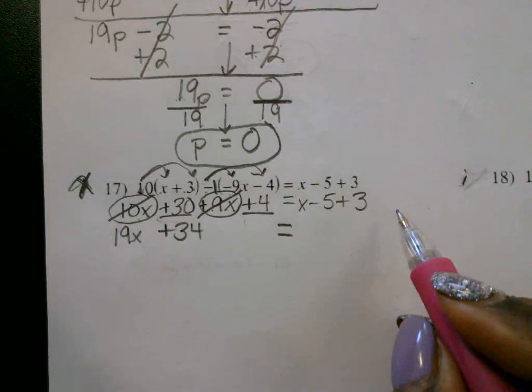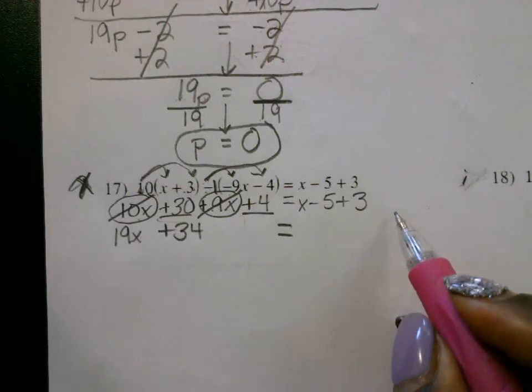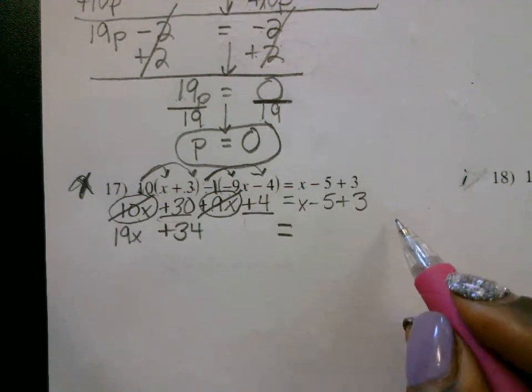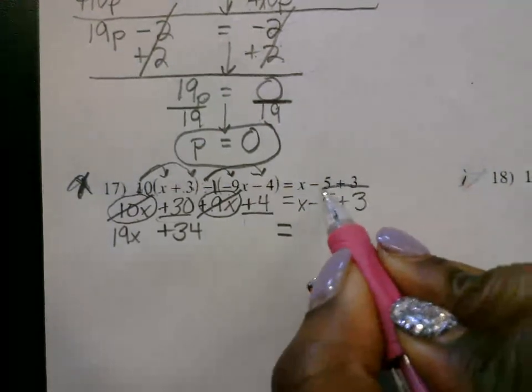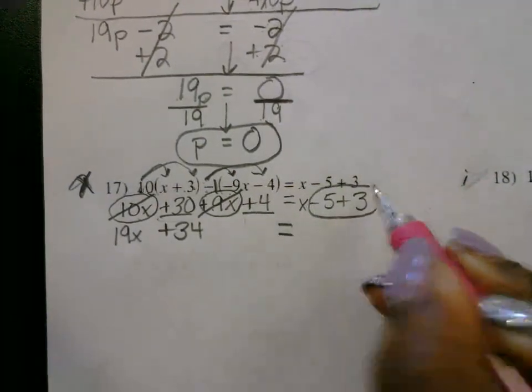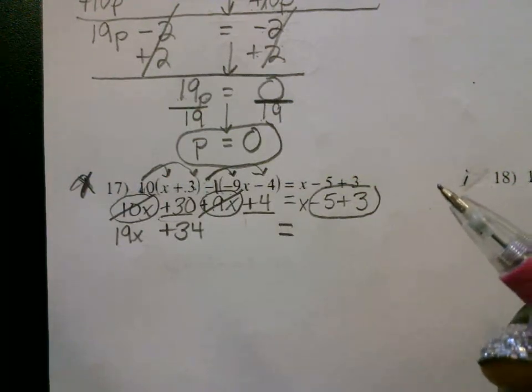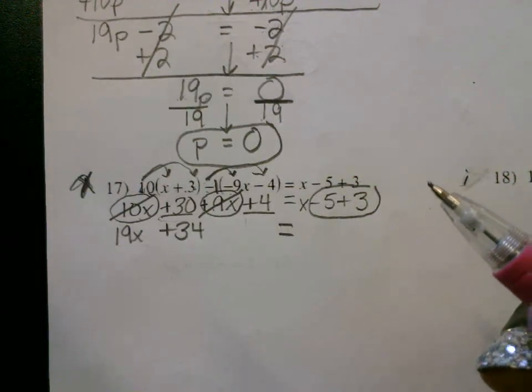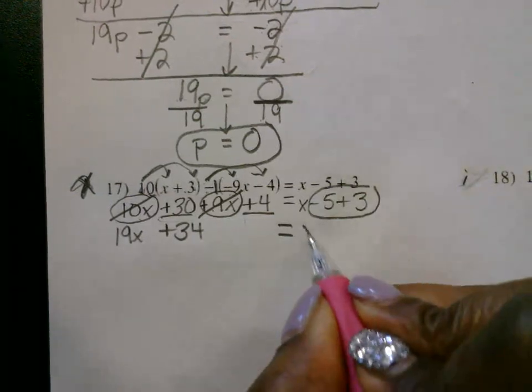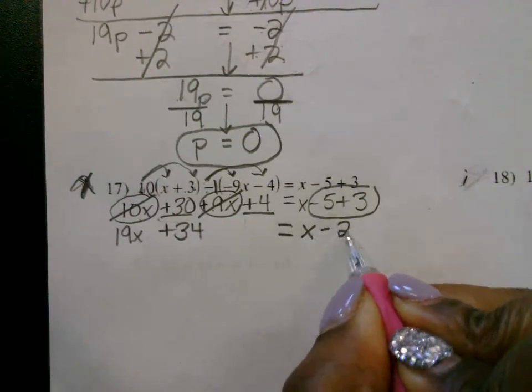What kind of 5 is that? Positive or negative? It's negative 5 plus 3. If you forgot, type it in. What is negative 5 plus 3? Negative 2. So we got x minus 2.